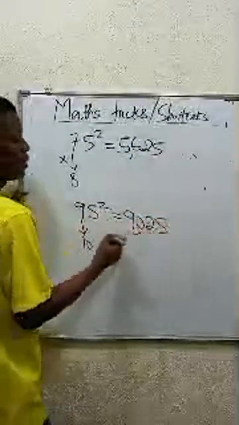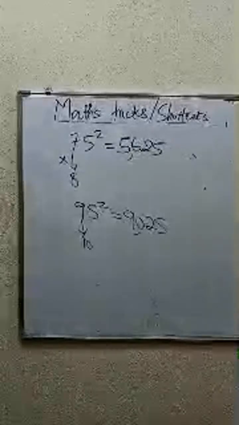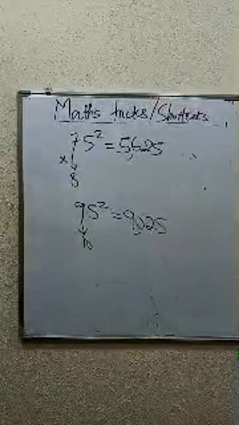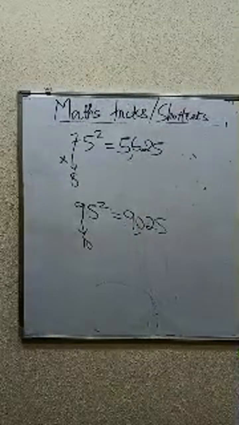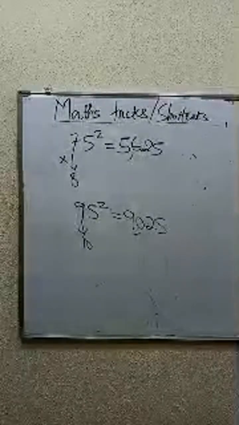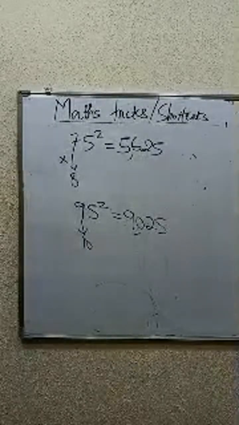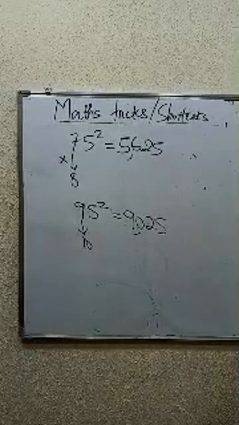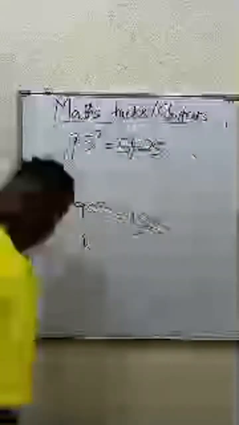So 95 squared is 9,025. That's the answer. This is actually how we usually find the squares of numbers.